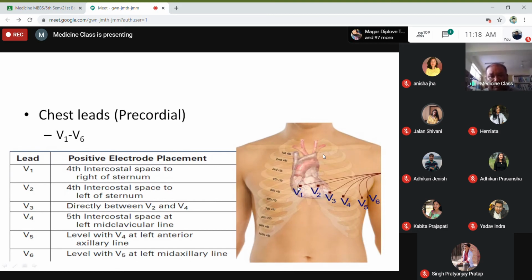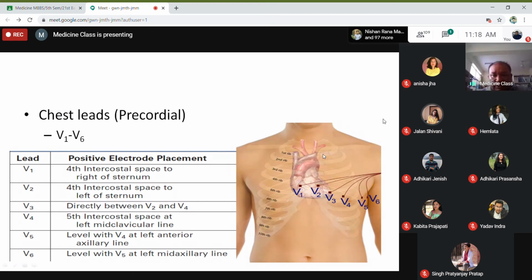V1 in the fourth intercostal space, right of the sternum. V2, fourth intercostal space, left of the sternum. V4, mid-clavicular line on the fifth intercostal space. V3 in between V2 and V4. And V5 and V6 on the same level as V4, but in the anterior axillary line and mid-axillary line. So this is how we put the chest leads.